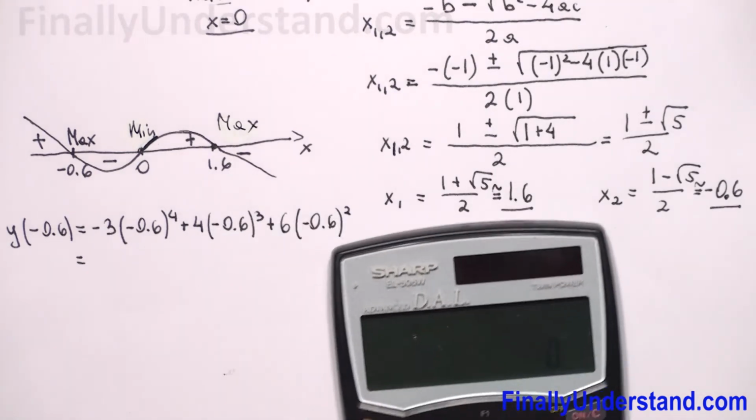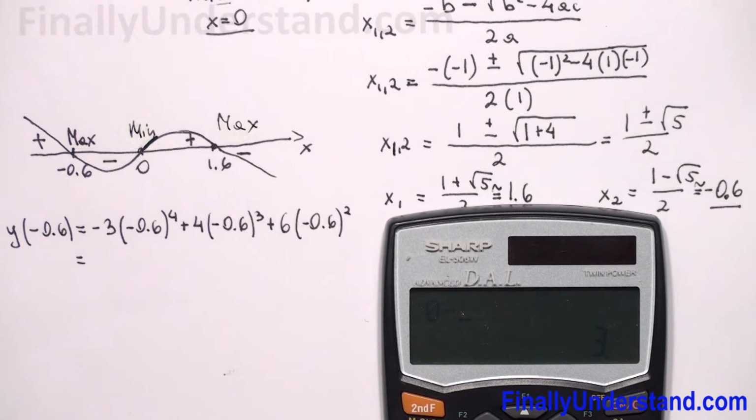Let me write this. We have negative 3 times, open parenthesis, negative 0.6, close parenthesis, to the 4th power, plus 4 times, in parentheses, negative 0.6, close parenthesis, to the 3rd power, plus 6 times, in parentheses, negative 0.6 to the 2nd power.